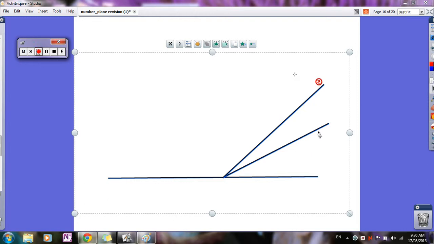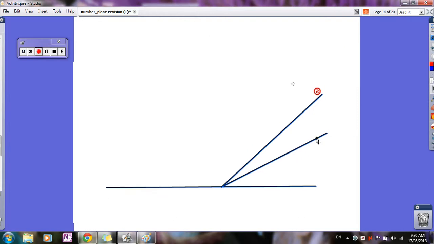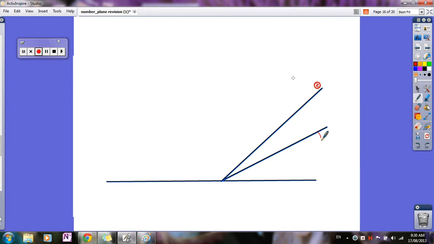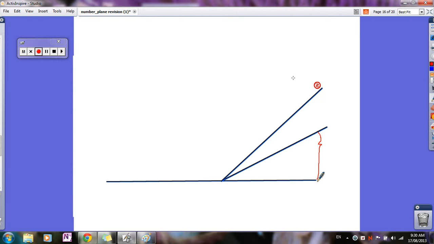So say I measure this distance here, and this distance here, and that distance there, then I'll be able to see that this one goes a higher distance upwards than this one. Do we agree about that?